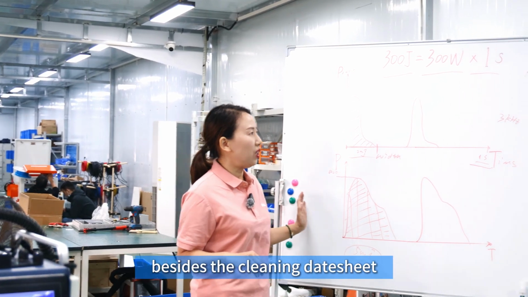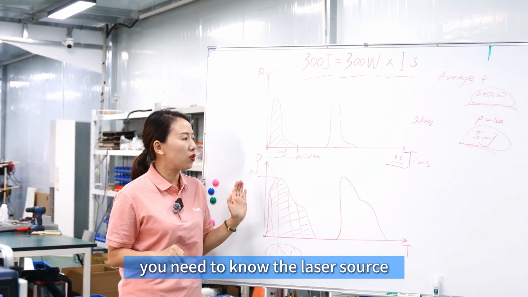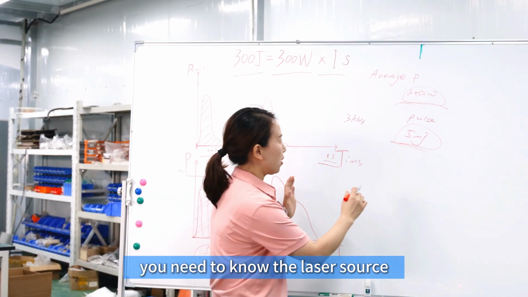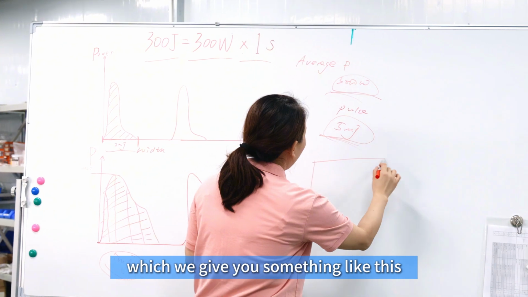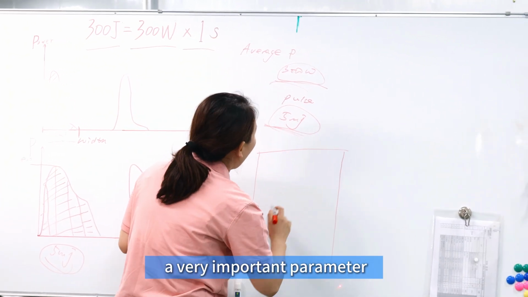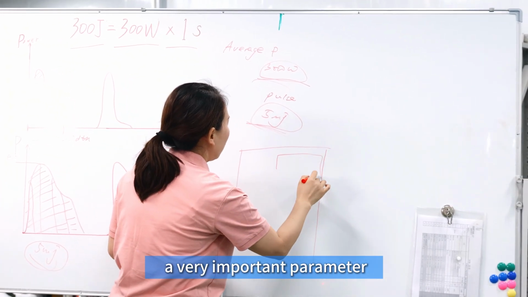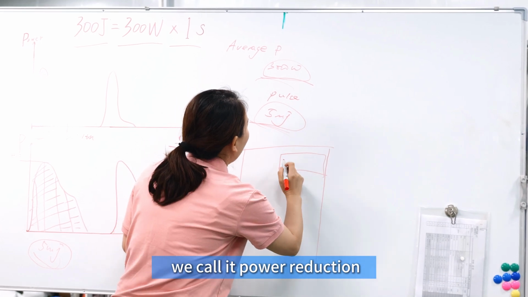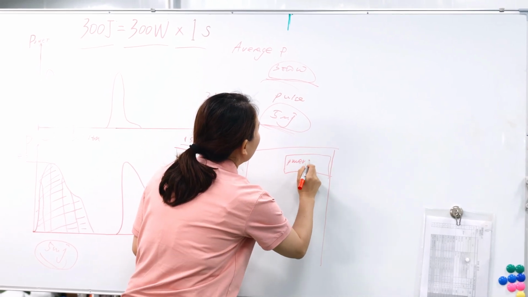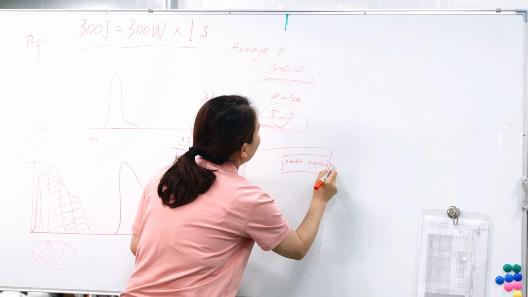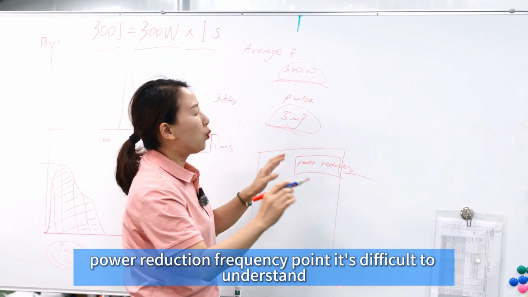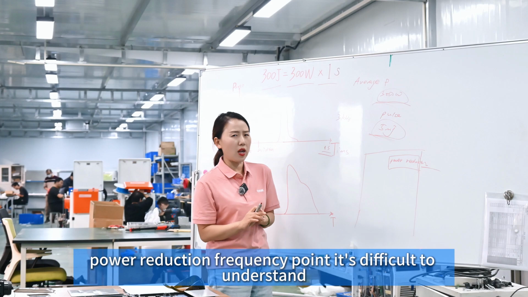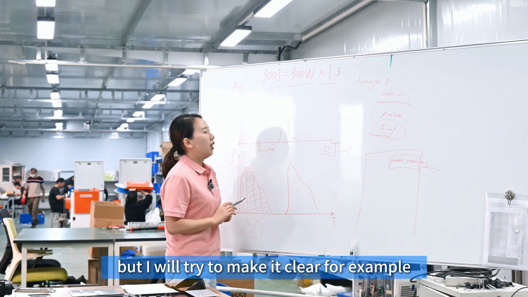Besides the cleaning datasheet, you need to know the laser source datasheet, which we give you. A very important parameter is what we call power reduction frequency point. It's difficult to understand, but I will try to make it clear.